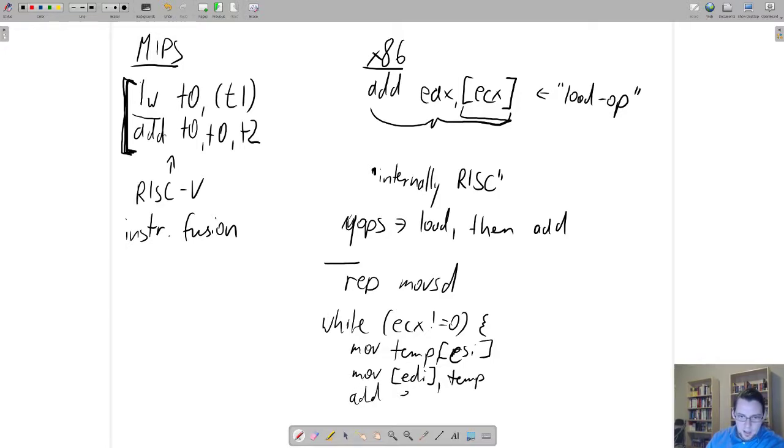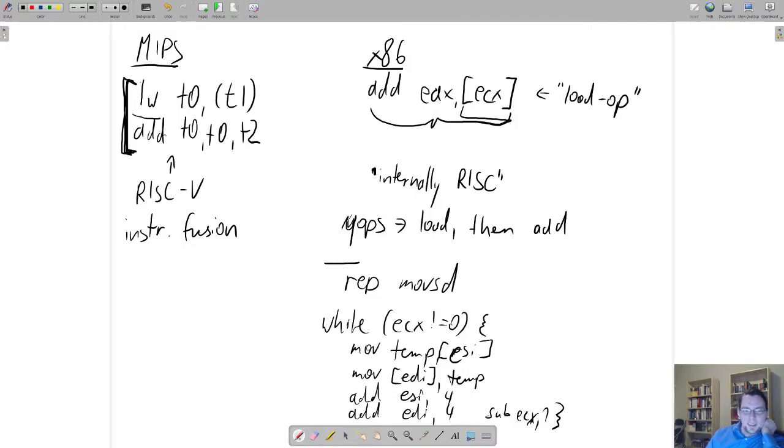Add ESI, 4. I'm running out of space. Add EDI, comma 4, sub ECX, comma 1, and loop.